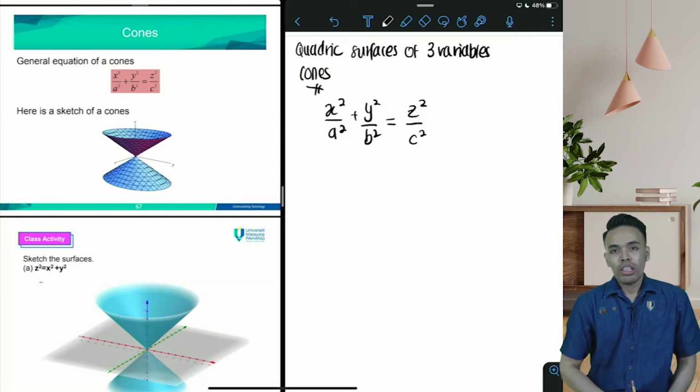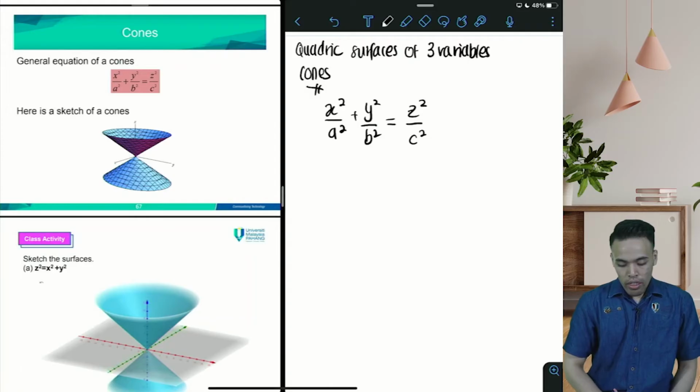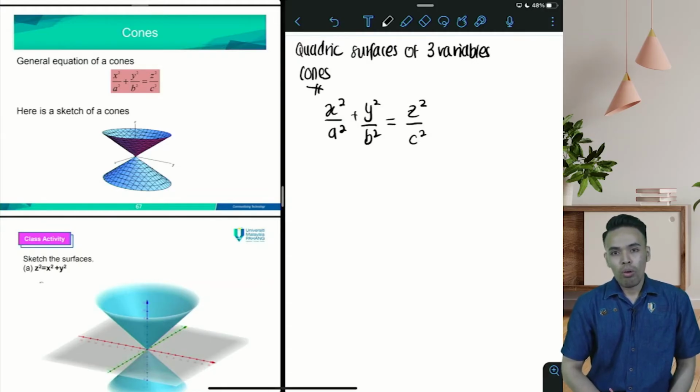The thing that differentiates the general equation for cones from the general equation for paraboloid is that the subject of the equation for cones is to the power of 2. Meanwhile, the subject of the equation for paraboloid is to the power of 1.